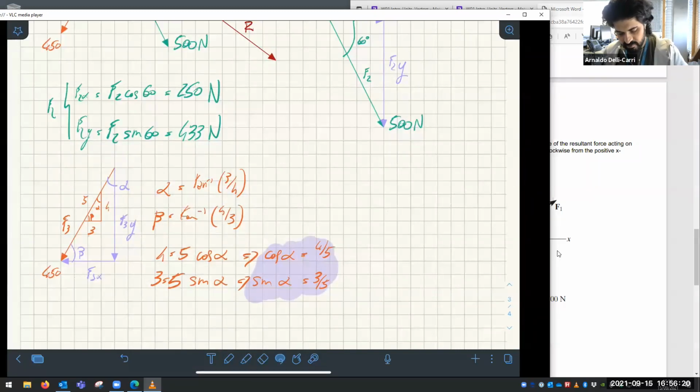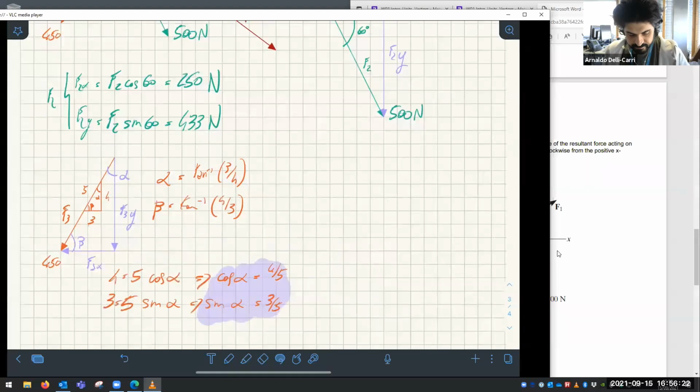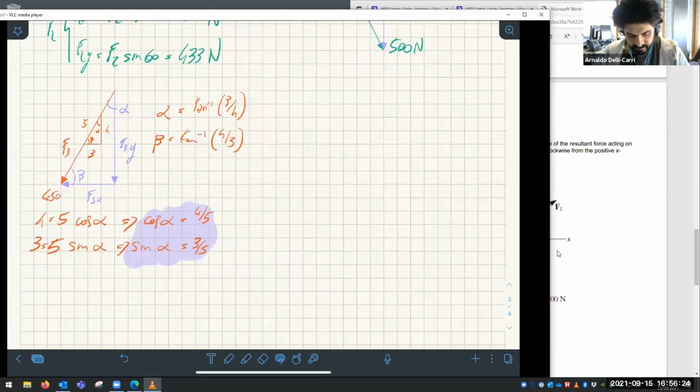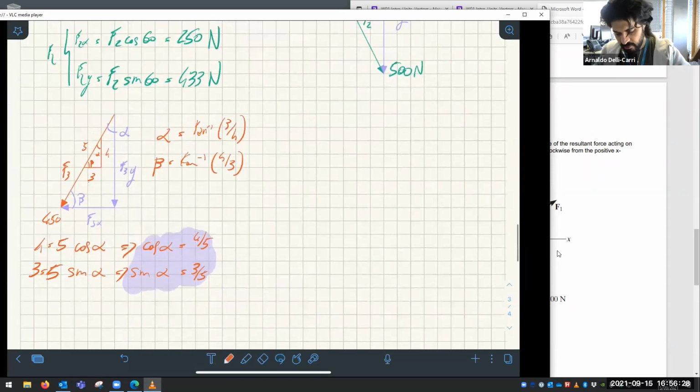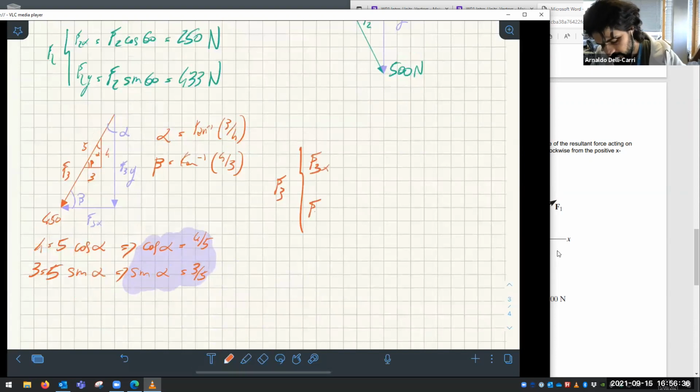Okay, so let me put this down here. And so I'm going to say that F3x, F3y. So F3x is the hypotenuse times, let's use alpha.